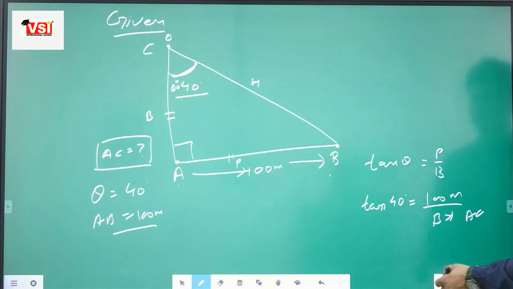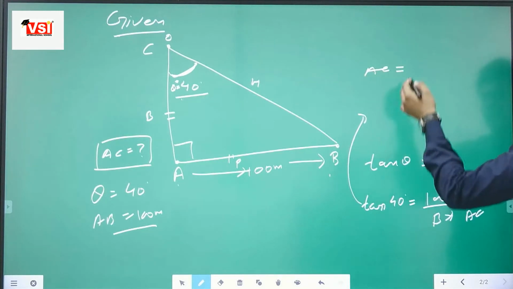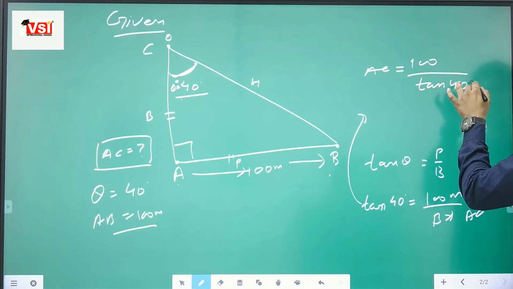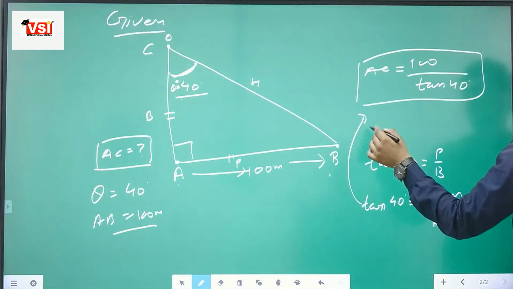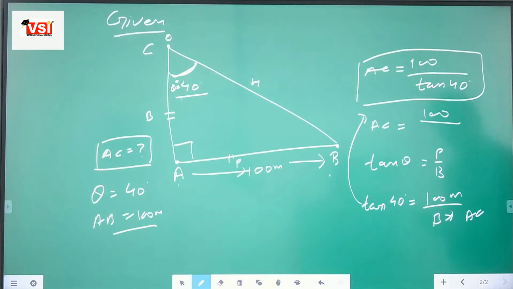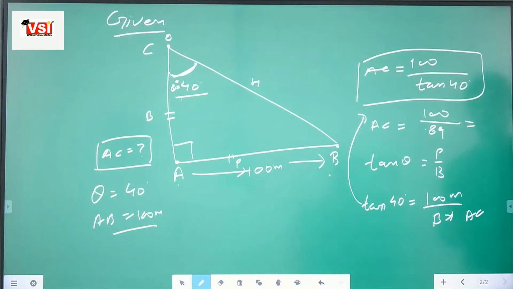So AC could be written as 100 divided by tan 40. Tan 40 is concluded as 0.89. So it will be something like 100 divided by 0.89.